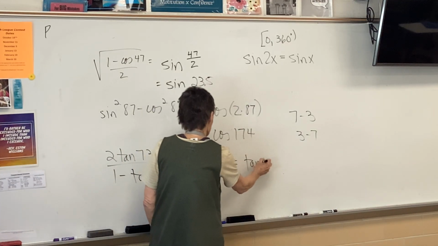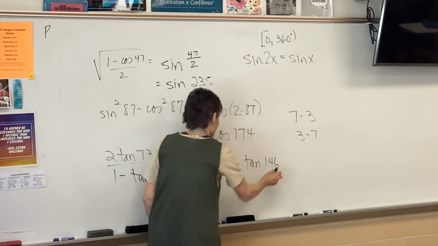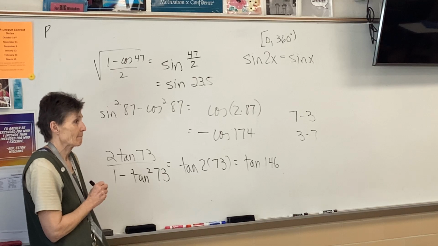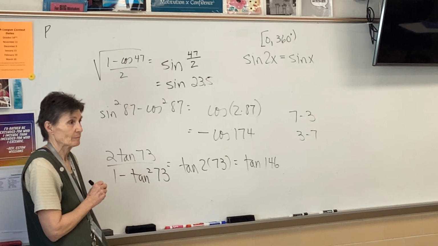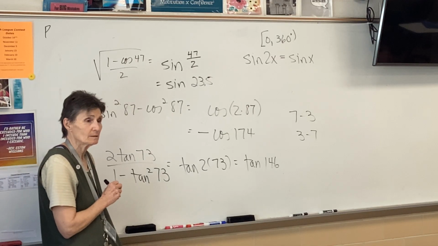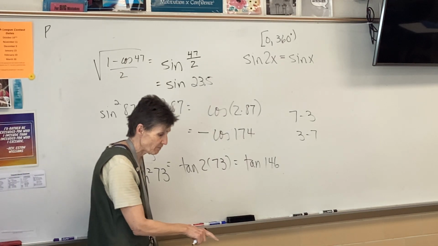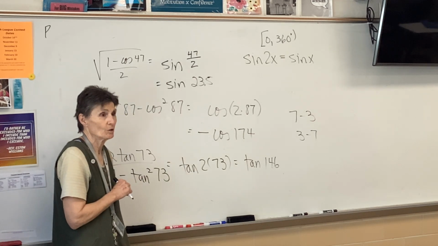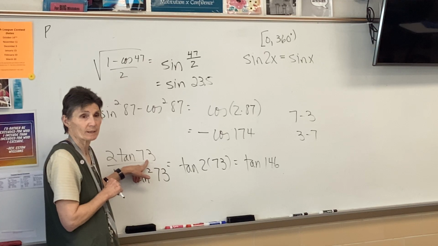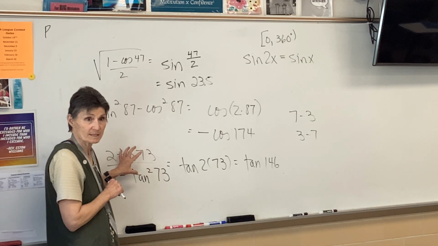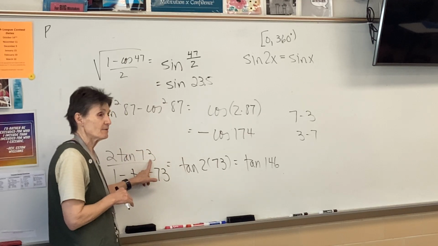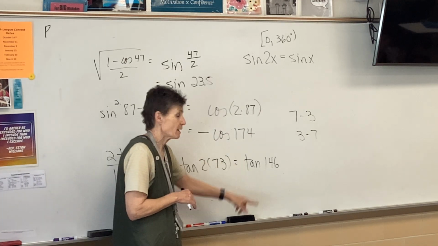So this is the tangent of 146. 2 times 73. So you're matching the equation they gave you with a formula on your sheet. And then you plug in whatever angle you were given. So this is tangent 2 theta. Theta is 73, so it's the tangent of 2 times 73.